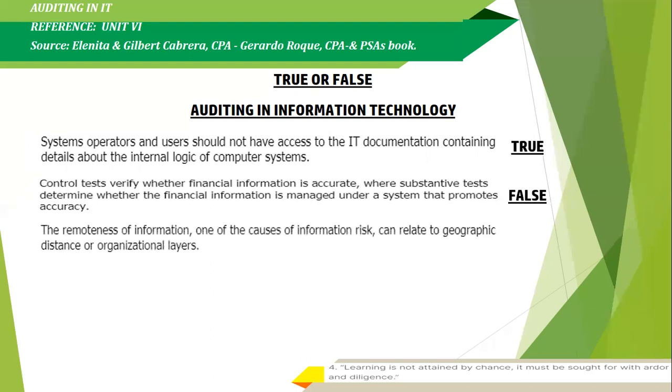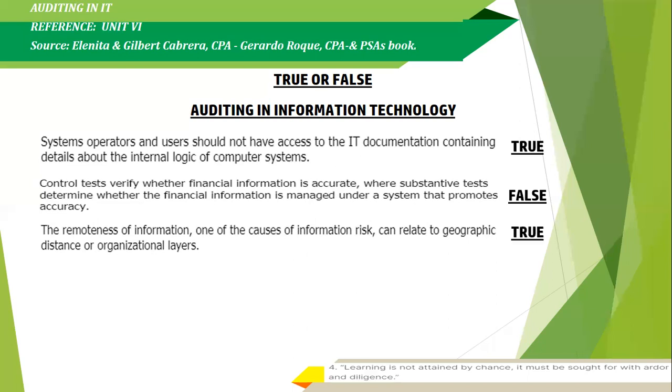Next, the remoteness of information, one of the causes of information leaks, can relate to geographic distance, far location, or organizational layers, many layers in the organization. So, do we have a problem with the information?